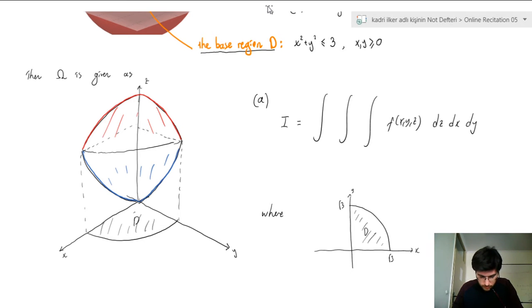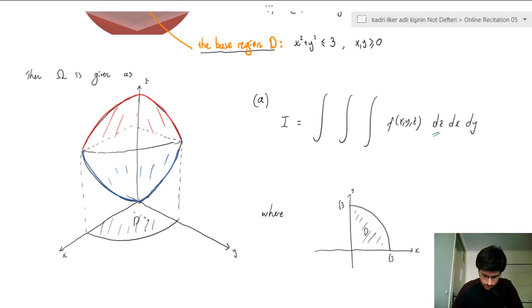We have exactly the same idea as before. Remember, since we start with dx, dz, what does it mean? We just consider x and y parameters fixed, right? Therefore, we start with a slice parallel to the z-axis. So the picture is something like this.